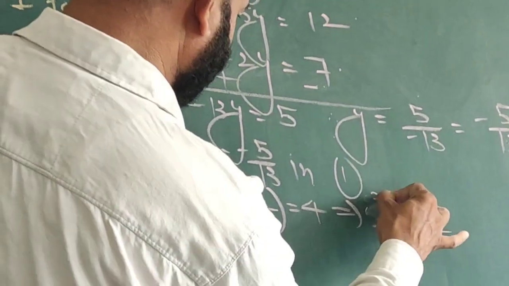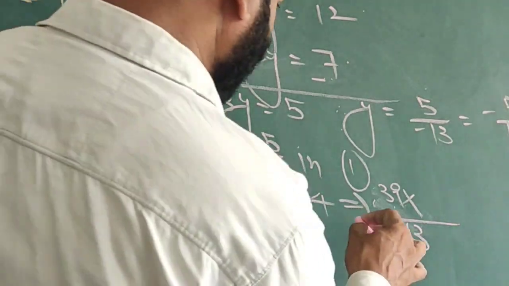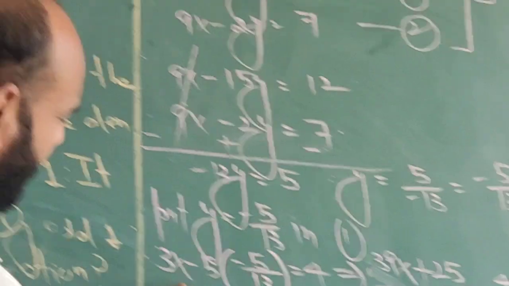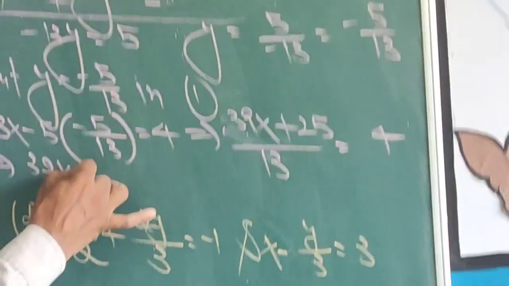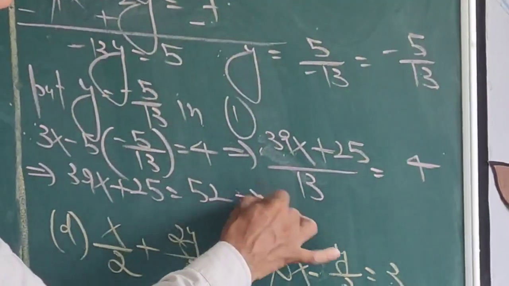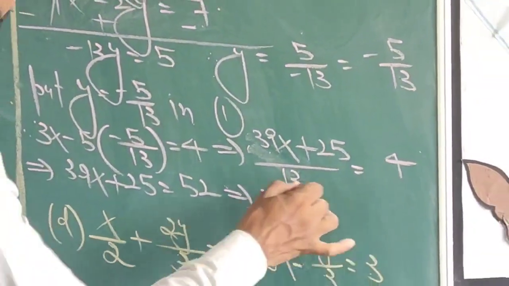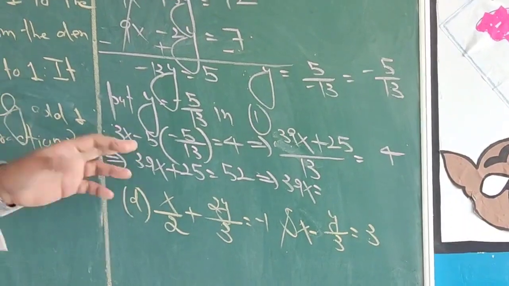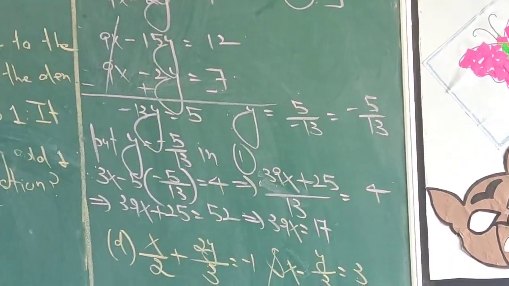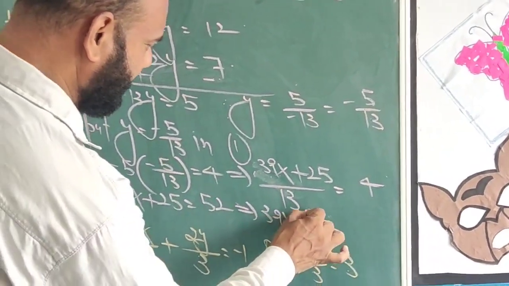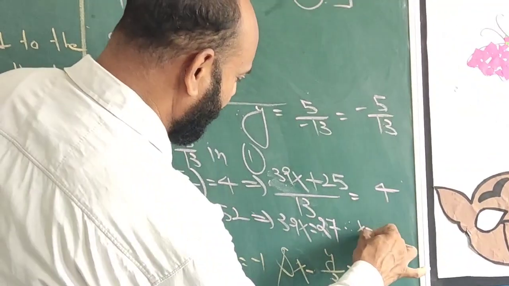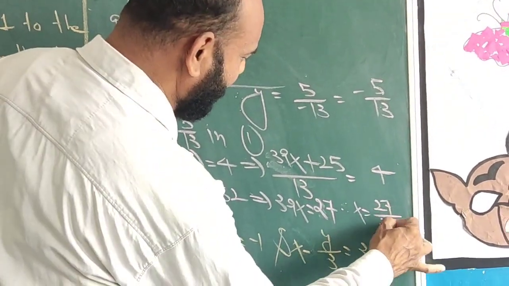Therefore 39x plus 25 is equal to 52. This implies 39x is equal to 52 minus 25. This is 27. Then x is equal to 27 upon 39.